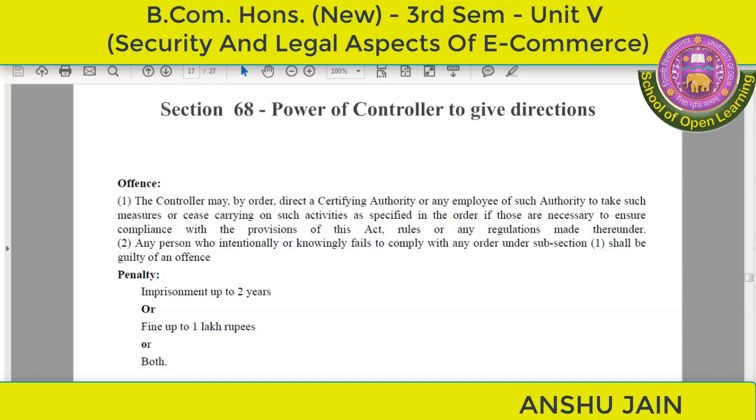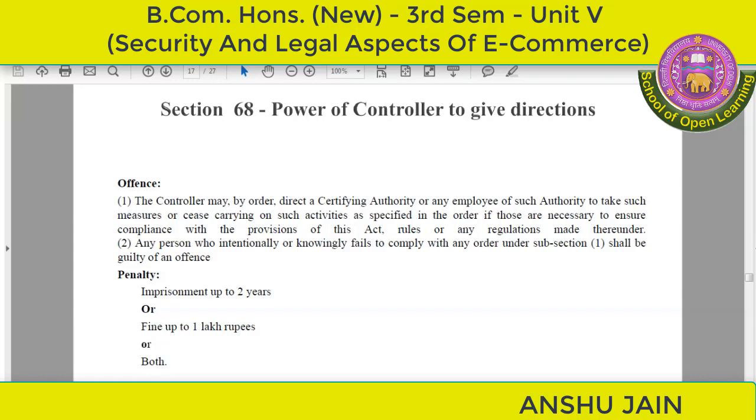Now, this section says that we have the certifying authorities and we have the controller of the certifying authorities. The controller directs the certifying authorities or any employee of such authority to take corrective measures or cease the activities which are illegal under the different provisions.